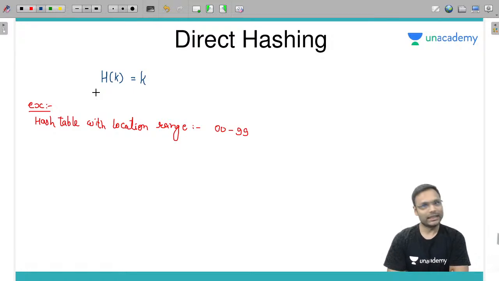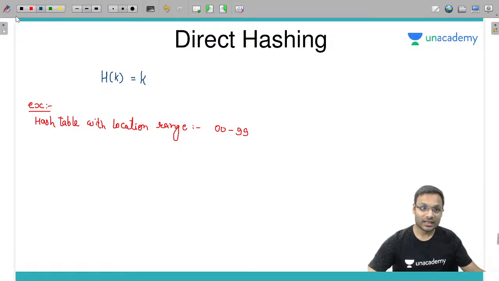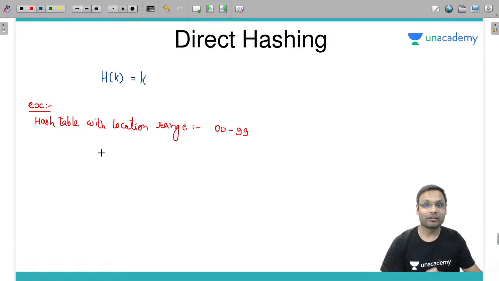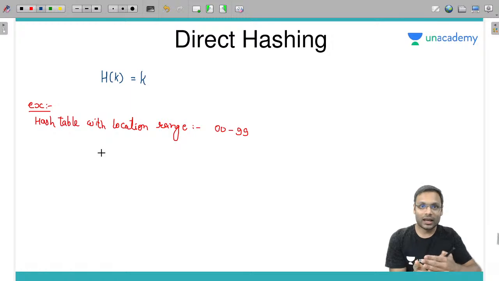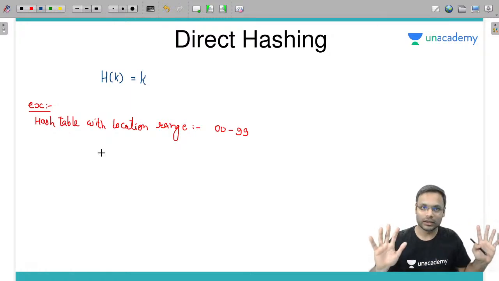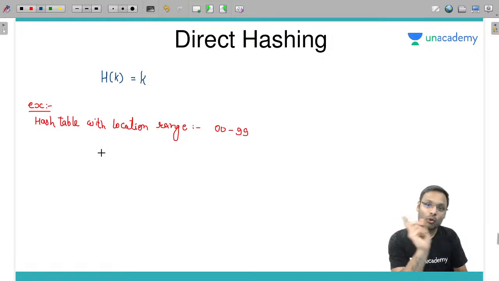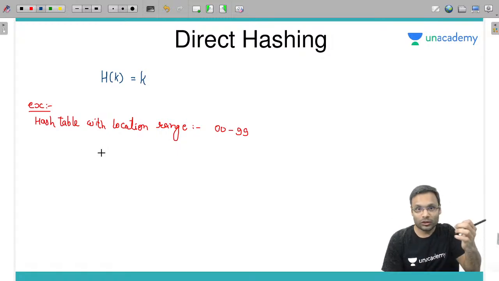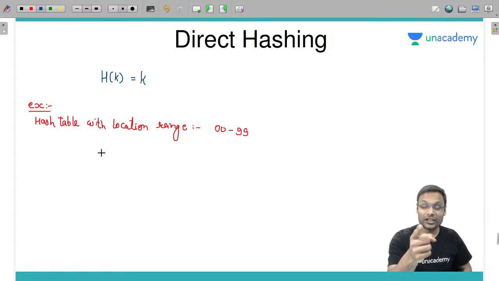So for a hash table with this location range, I would like to write a statement: I can store values between 0 and 99 only. I cannot store a value more than 99, and I cannot store a value lesser than 0. Is it so or not? Yes.